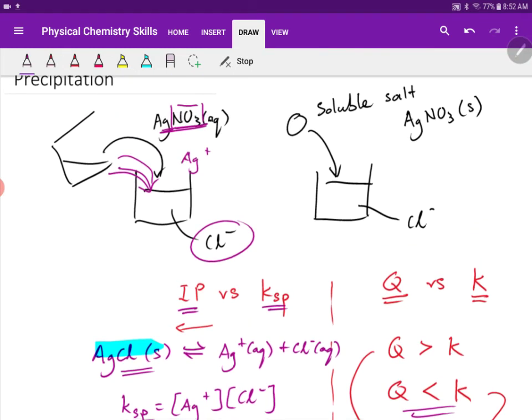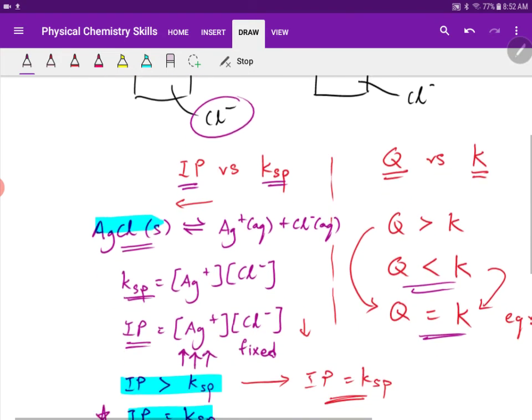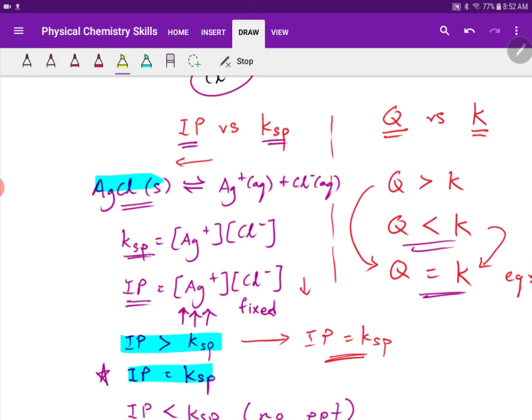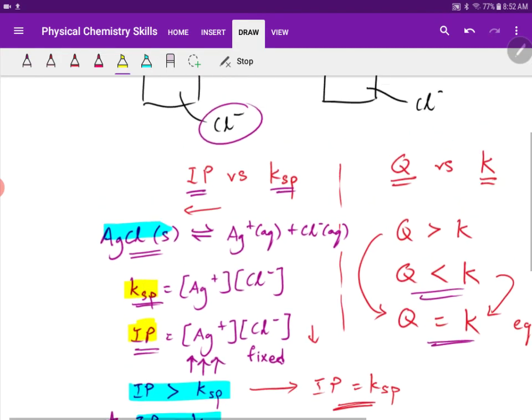So at that point in time, we will start seeing precipitation. That is why when we talk about precipitation, we are only interested in IP versus KSP.